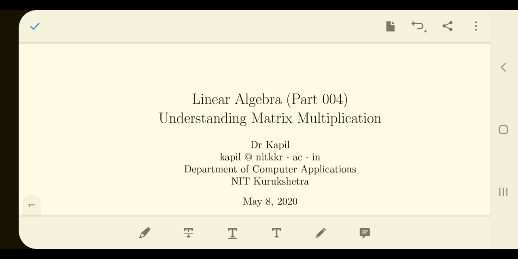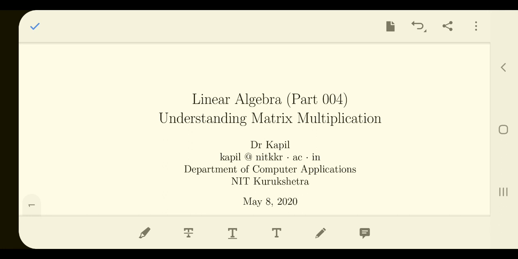We said it is equivalent to Ax = b, where A is a matrix, x is a vector, and b is a vector. So A is a matrix multiplied with another matrix, since a vector is also a matrix, and it generates one more matrix. That's where matrix multiplication is involved.